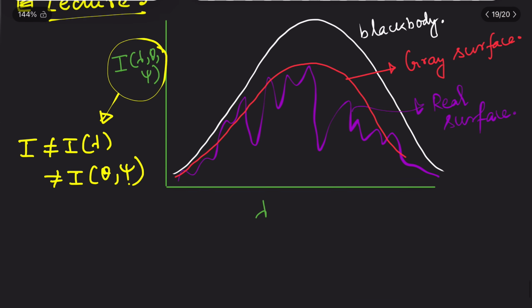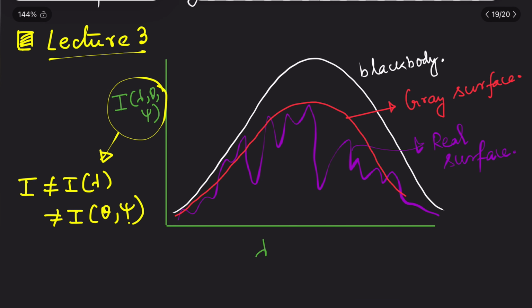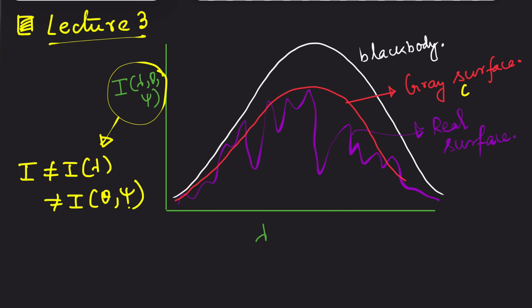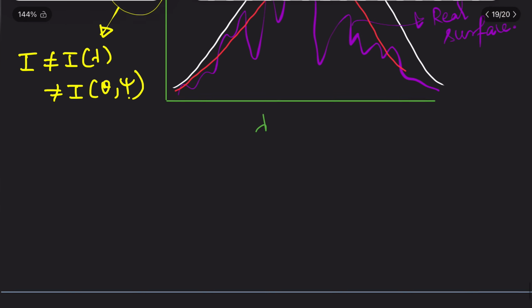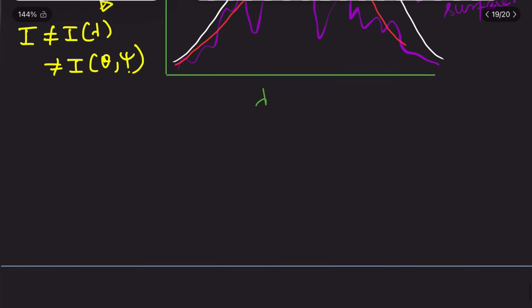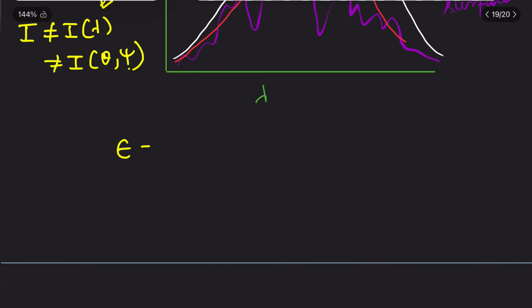So here it is a gray surface, which means the properties like epsilon, alpha, gamma, tau are not a function of lambda. In other words, I have already defined epsilon in terms of what you are emitting, that is the emitted radiation intensity.